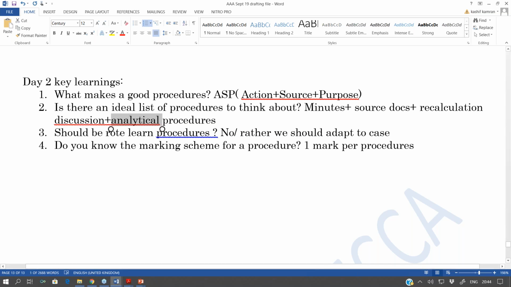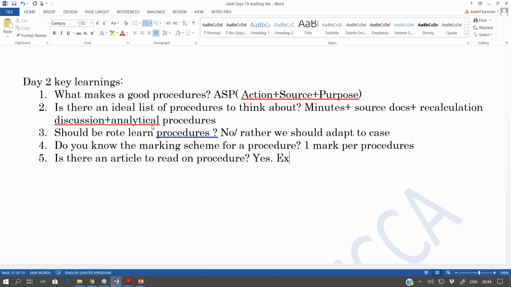The last thing, is there an article to read on procedures? And the answer to this is yes. The exam technique part 4 on procedures. Okay, that completes procedures, right?